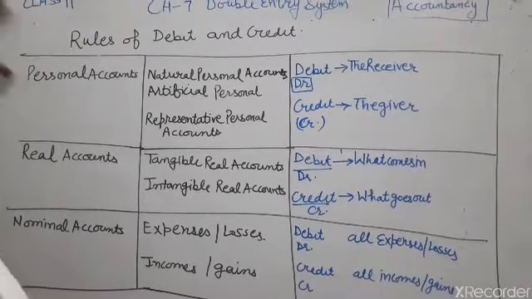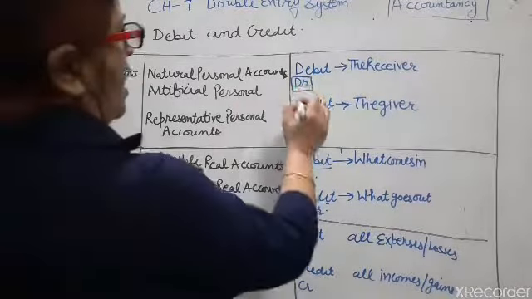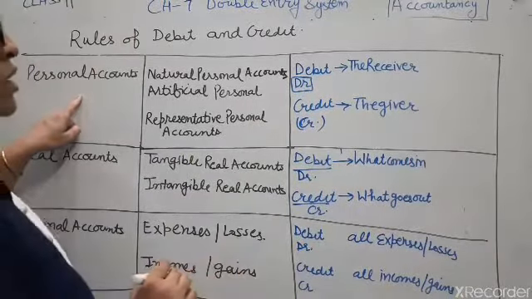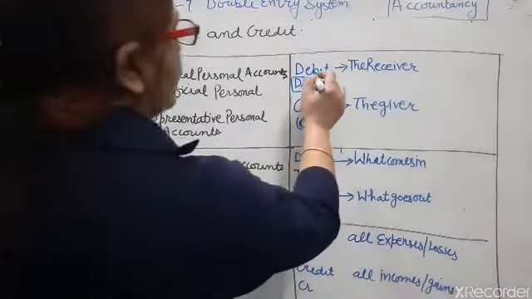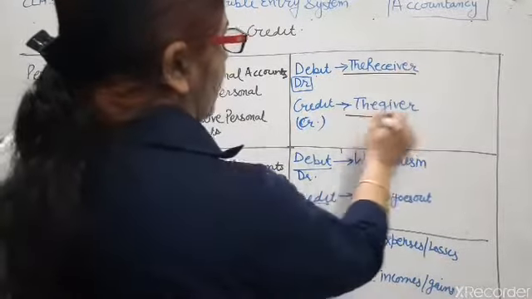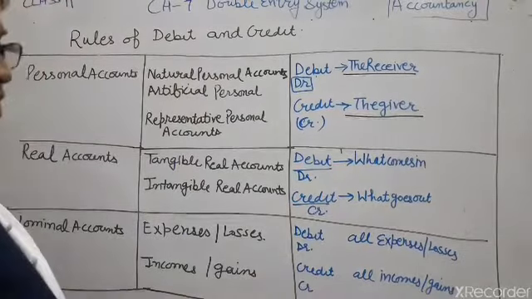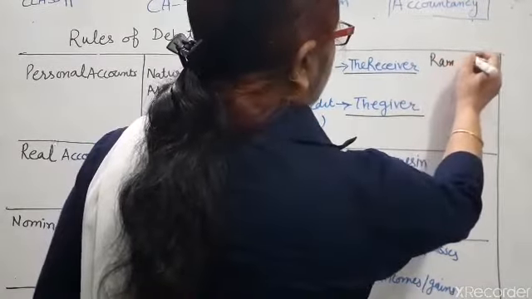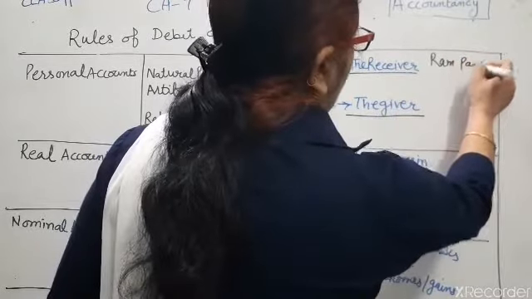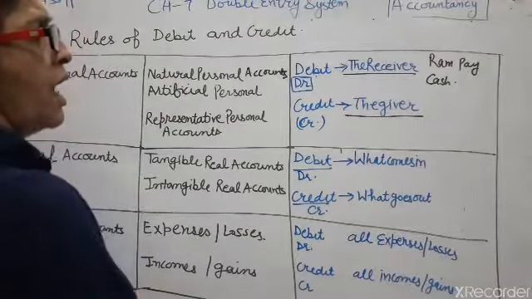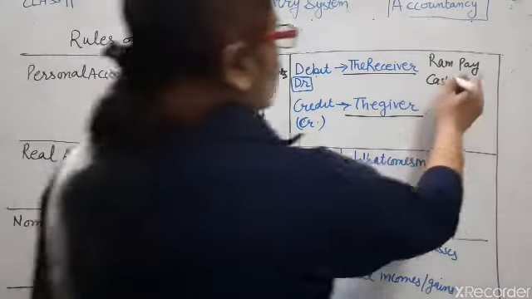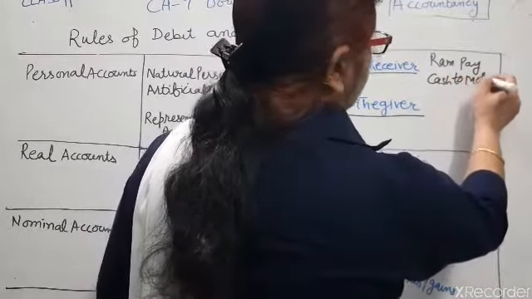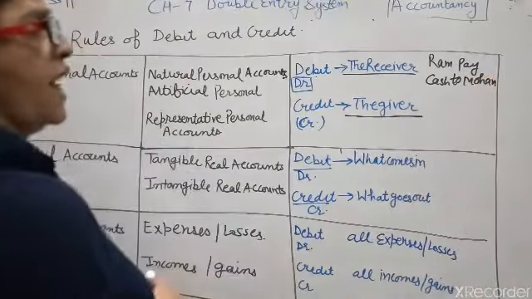So which rules are followed? For personal account, the rule is debit the receiver and credit the giver. For example, Ram pays cash to Mohan.